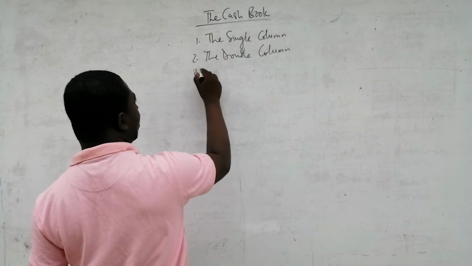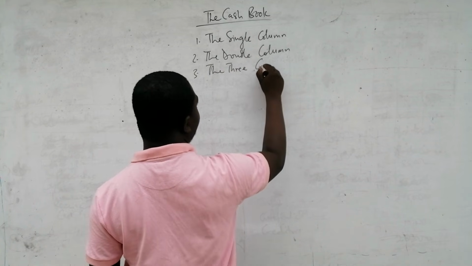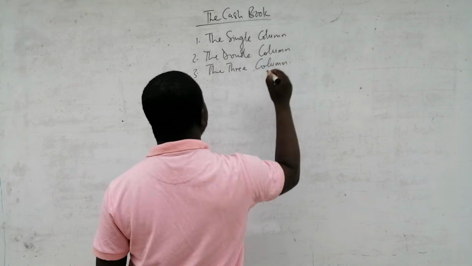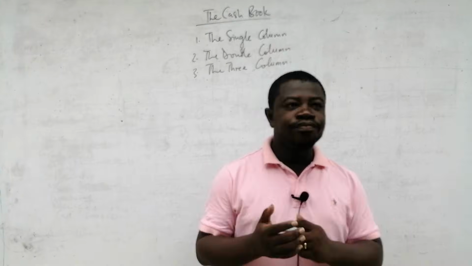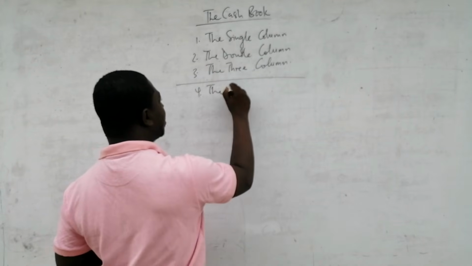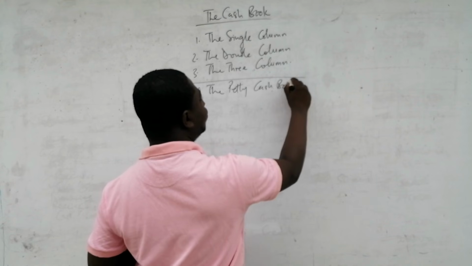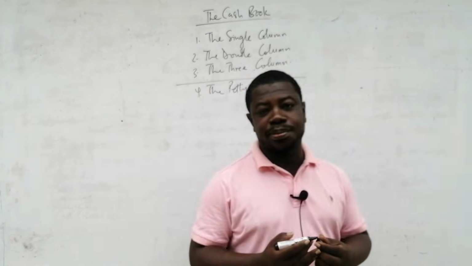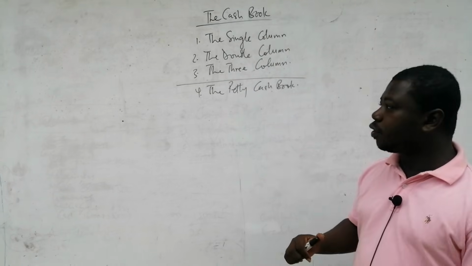And then we have the three column cash book, which is the triple column cash book. Now, these are the three levels of the main cash book. There is also a cash book called the petty cash book, which is also used to record petty cash expenses in the business. Okay, so these are the levels of the cash book.